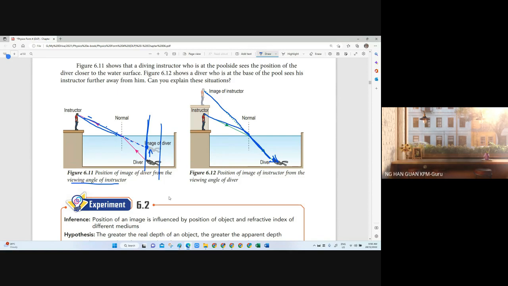From here you can see there is the actual height above the water, but the apparent height is now smaller, because you are viewing the image from the optically denser medium toward the optically less dense medium. So that's why the result will be inverted.